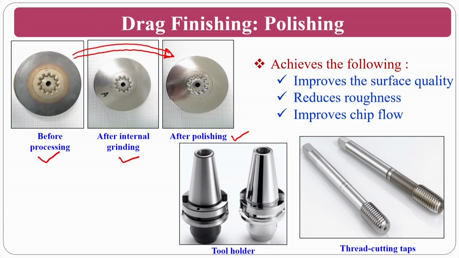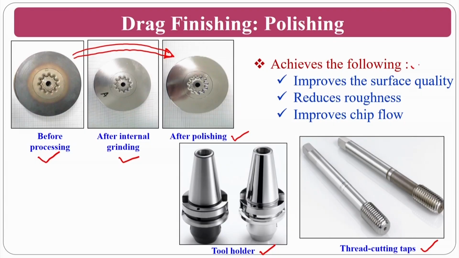Okay. So, at the same time, tool holders, you can do these types of complex surfaces by drag finishing operation, and thread cutting taps also you can do by this particular mass finishing operation. You can handle many workpieces at the same time.